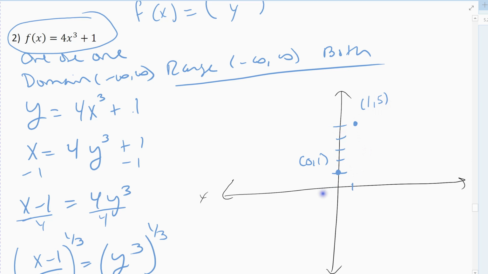And then negative 1 is the other one. I'm going to plug in negative 1, puts me down here at negative 4. I'm sorry, negative 3.